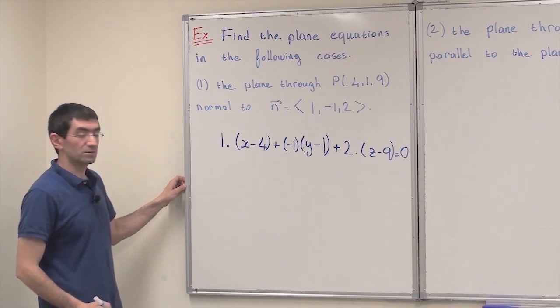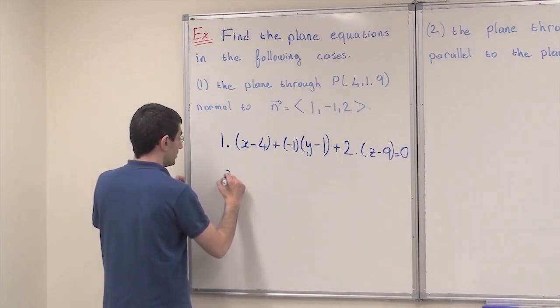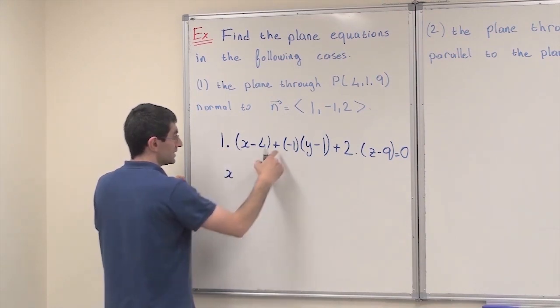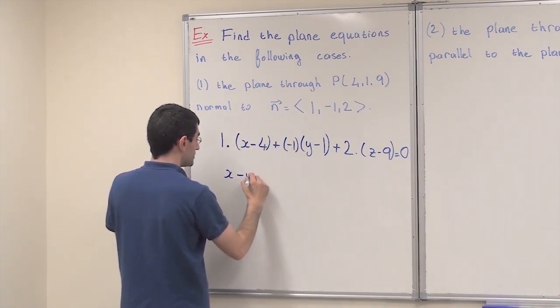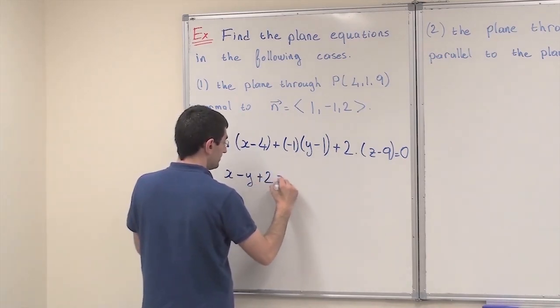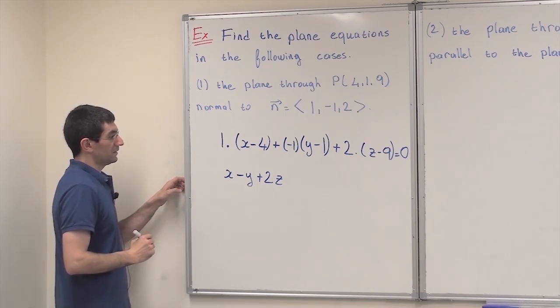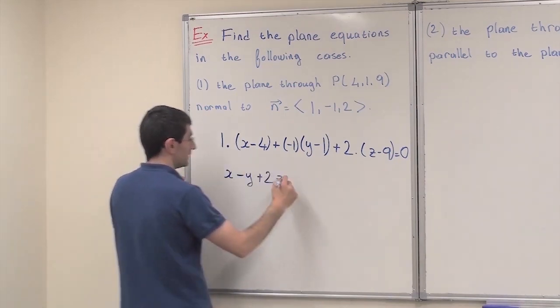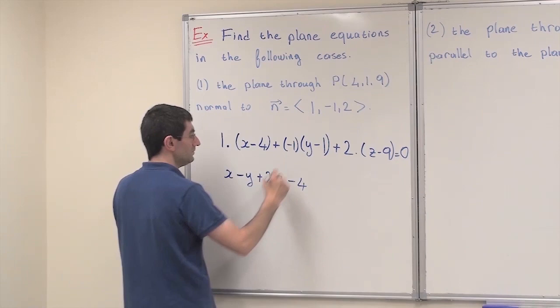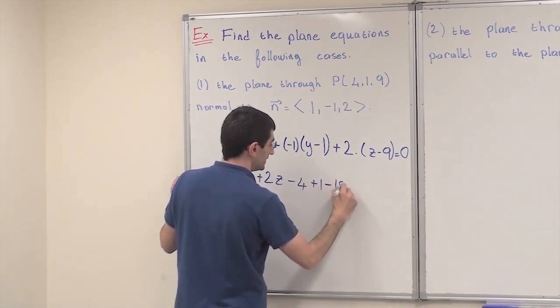Now, you may want to simplify this equation. We have 1 times x, negative 1 times y, so x minus y, and 2 times z. Those are all the variables. And then the constants, negative 4 plus 1 and negative 18.